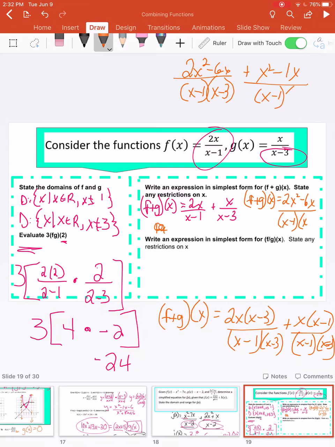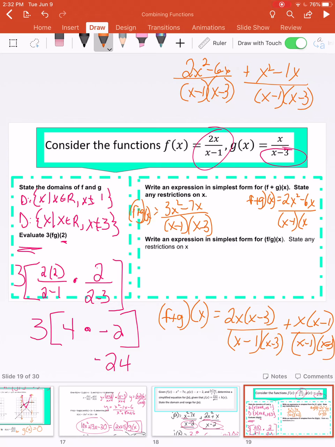So now that I have my common denominator, I'm going to combine like terms in my numerator. 2x squared plus 1x squared gives me 3x squared. So I'm going to erase this so I can write my answer down. So I have 3x squared minus 7x all over x minus 1, x minus 3. And this equals f plus g at x.